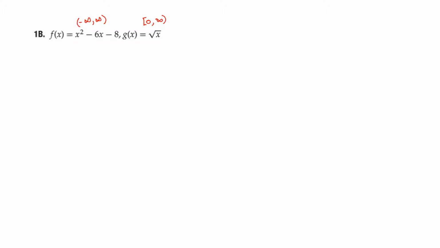If I'm adding, so f plus g, that's going to be x squared minus 6x minus 8 plus square root x. And to make it real valued, this can be anywhere, but to be real valued, this has to be in a certain area. So my domain will be 0 to infinity. f minus g.